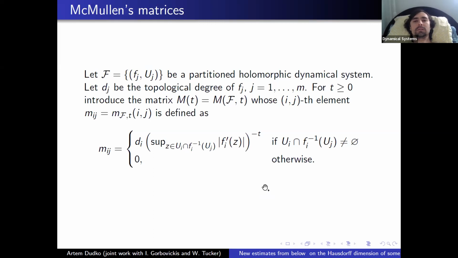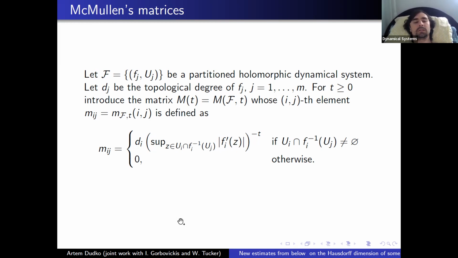Now, similarly to the case of real quadratic polynomials, we define Macmillan's matrix for system curly F. Basically, given two domains Ui and Uj of our partition, such that the preimage of Uj intersects Ui, we take the supremum of the derivative over this intersection raised to power minus t.